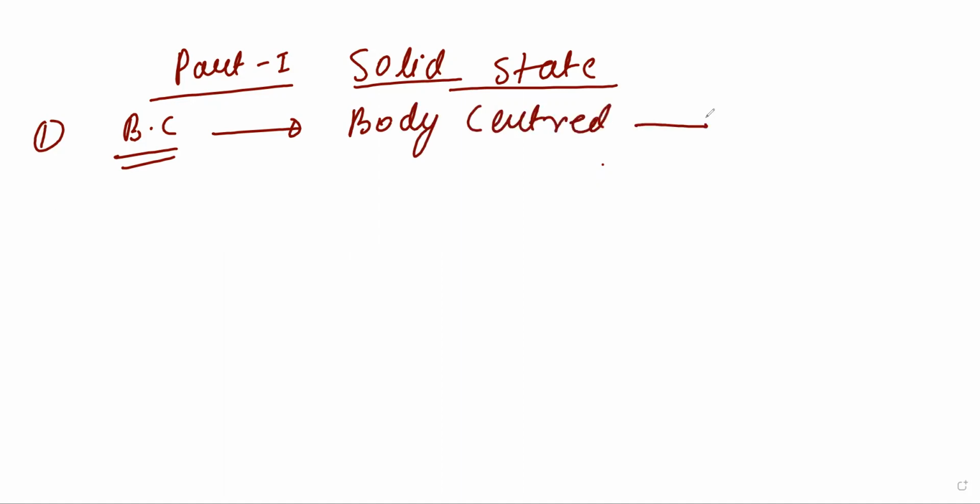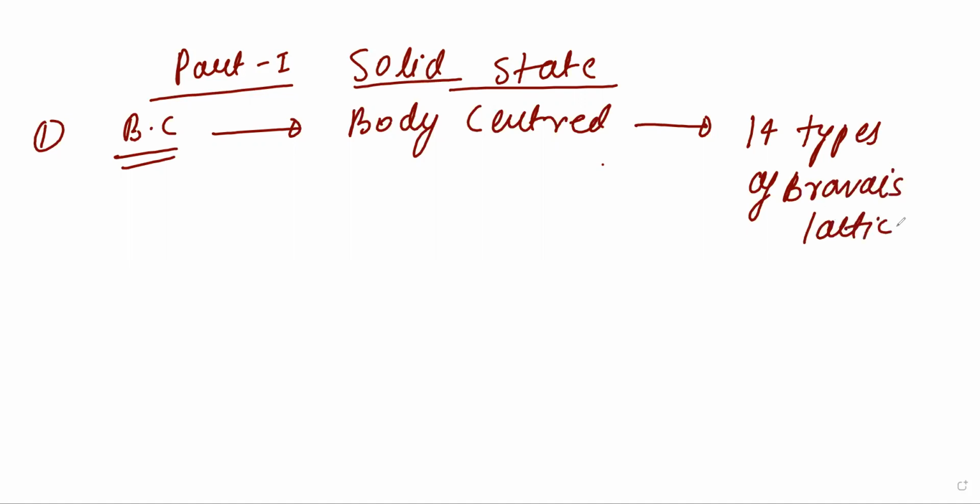So there are total 14 types of Bravais lattice. The crystal form is called as Bravais lattice unit cell. It was asked in 2021. So the first option is 3. Total body centered unit cells in the 14 crystal systems is 3.